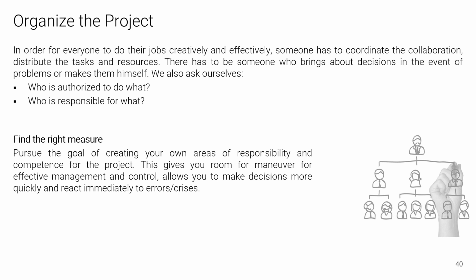Task areas and competences should be created in the project so there is room for maneuver for management and control. For example, there is one person who takes care of AI topics, another takes care of a basic visual concept. These are then the leads of a project, and the project manager can then exchange ideas with them and thus work faster and more effectively due to the short communication distances.